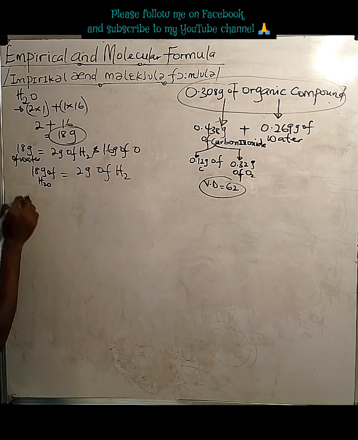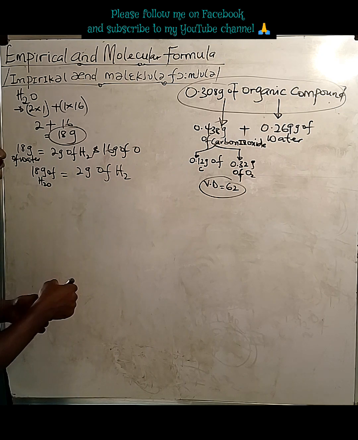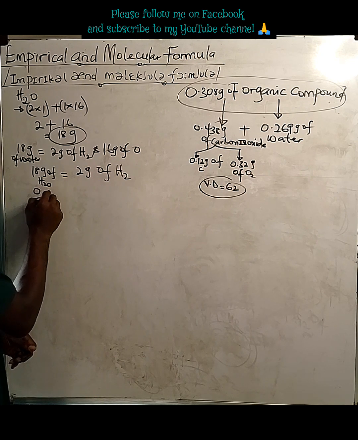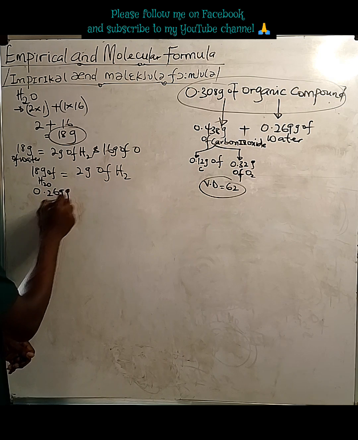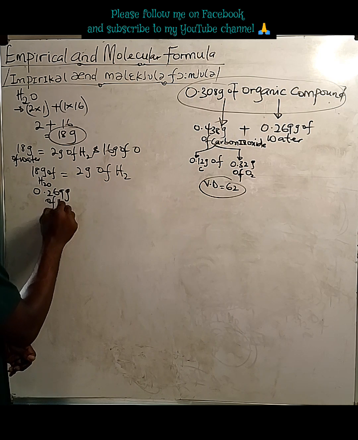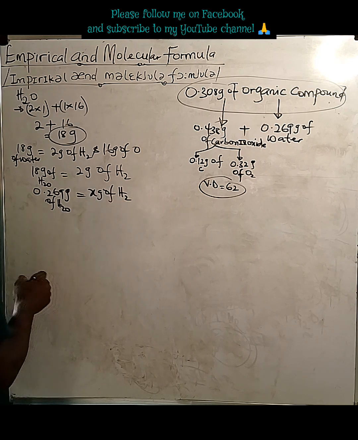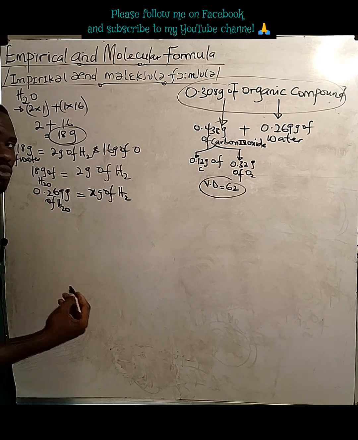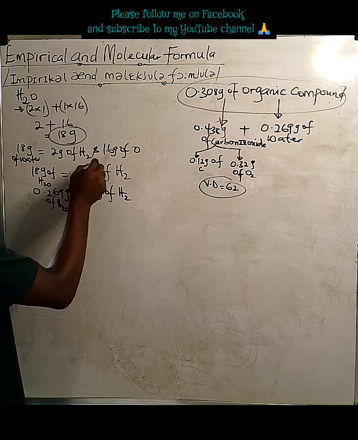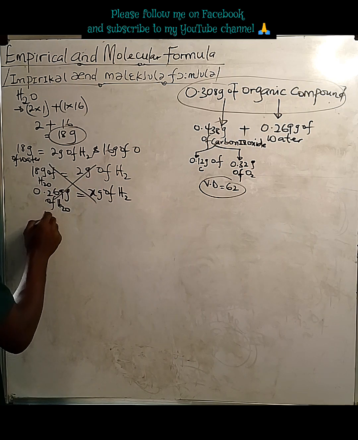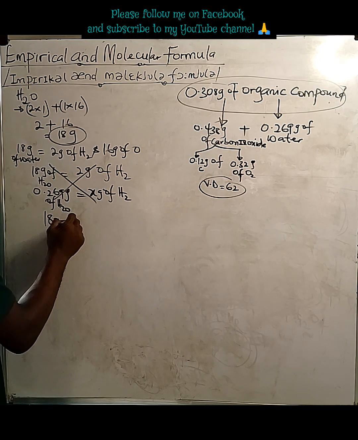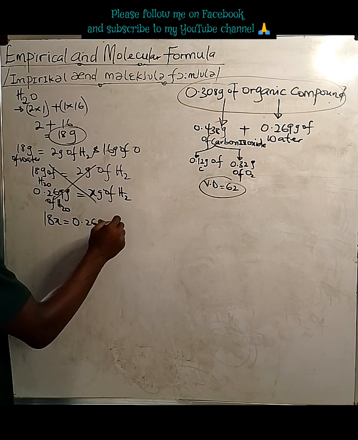So if 18 gram of water gives us 2 gram of hydrogen, then 0.269 gram of water will give us x gram of hydrogen gas. So what's the next thing we're going to do? The next thing we do now is to cross multiply. 18 times x is 18x equals 0.269 times 2.